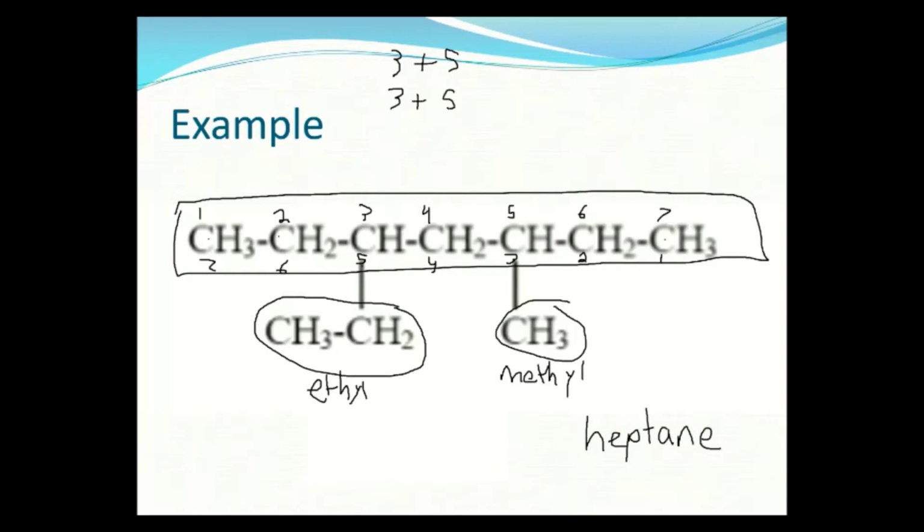So either way, they're going to be on 3 and 5. So it doesn't matter which way you count from. But this was that little rule that I talked about in here. If both are 3 and 5, what you want to do is you want to give the lower number to the first number that comes in the alphabet. So E comes before M. So I want to make this my 3, and I want to make this my 5.